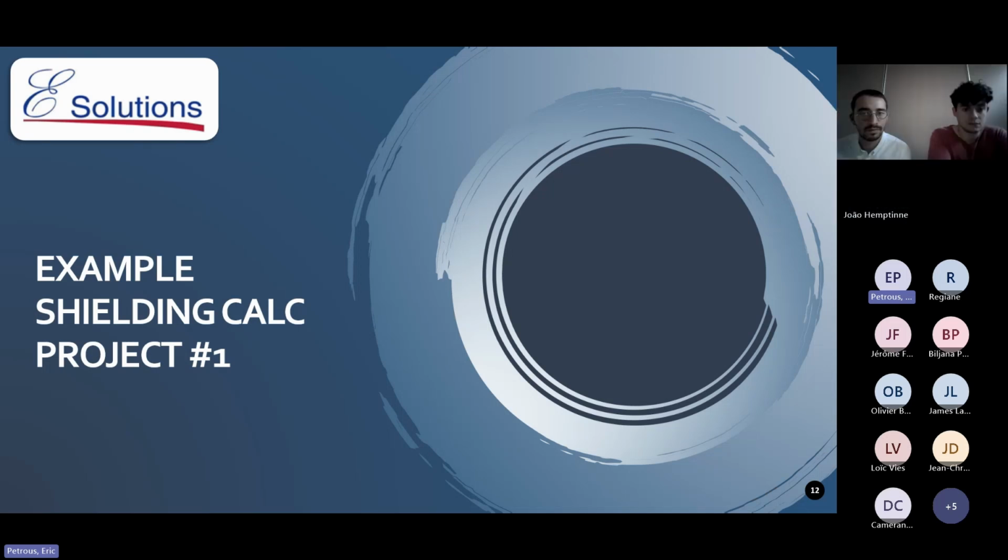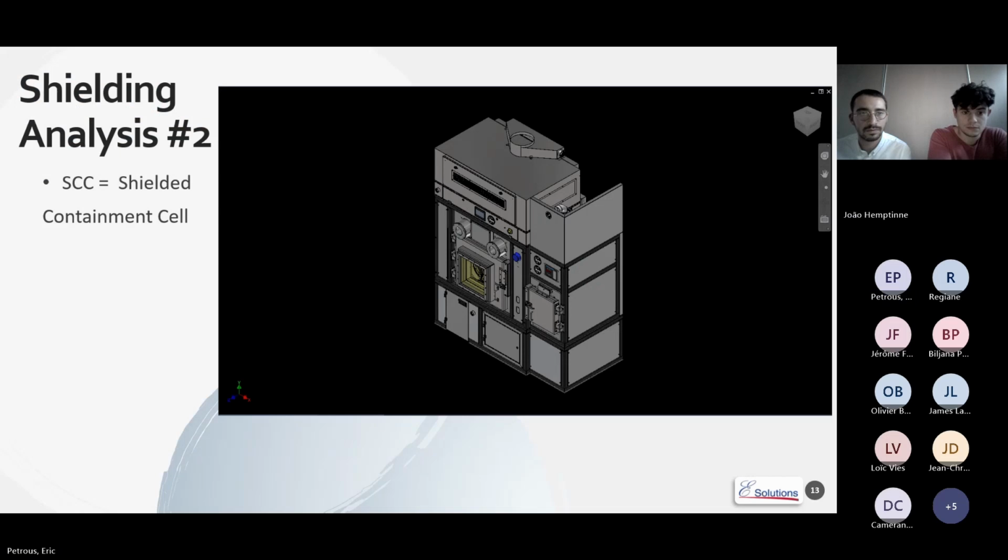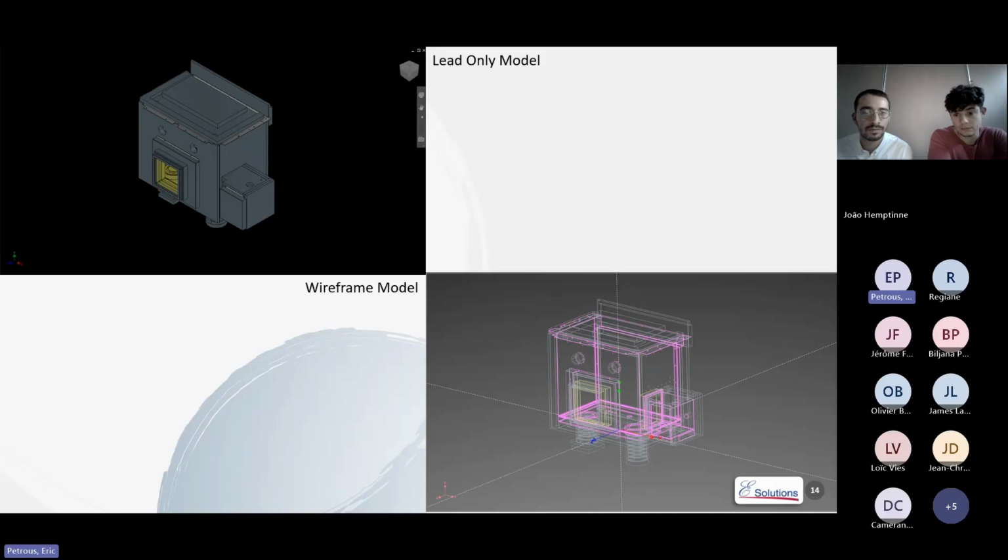So the first example I'm going to go over is an SCC, or shielded containment cell. So what you're seeing here is what we would actually model. For us, we use Inventor. And like he had mentioned earlier, you can import STEP files. So that's what we do. But first, we strip it down to a lead-only version. So it only has the lead, the leaded glass, and an inner cell.